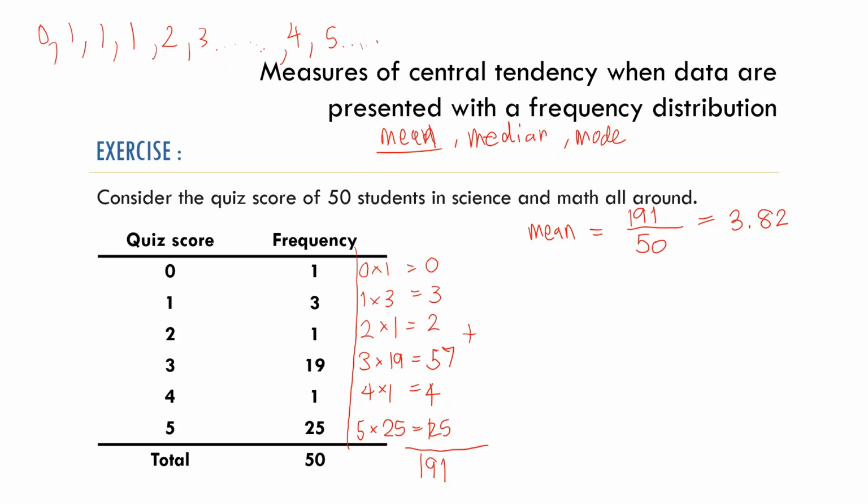All right, and now let's find the median. Okay, so in this case, like I said, we have a lot of data, 50 people. So in order to find the median easily, you have to use all the data, which is 50, divided by 2, and you get 25.